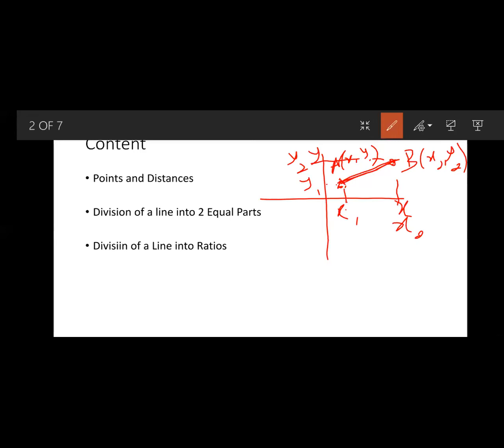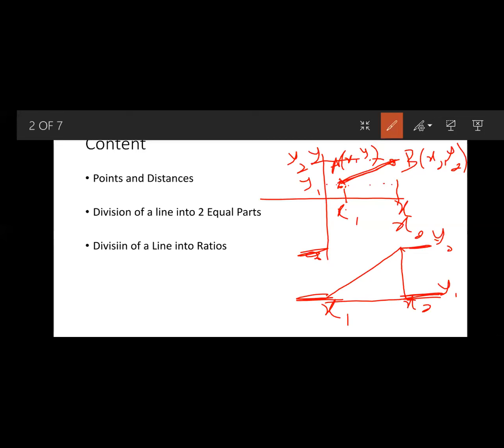Now, from what you have drawn here, if you bring that down here, we have something in the form of a triangle. This is x1, this is x2. This place is y1 when you trace it here, and this place, when you trace from here, is y2.